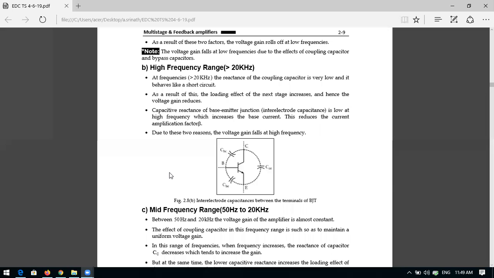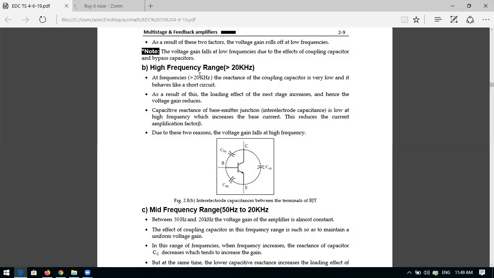It is the capacitance between the two terminals. Is it clear, all of you? Yes, sir. The capacitance between the two electrodes. That means emitter to base, or collector to emitter, or base to emitter.